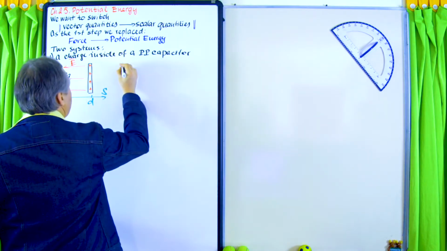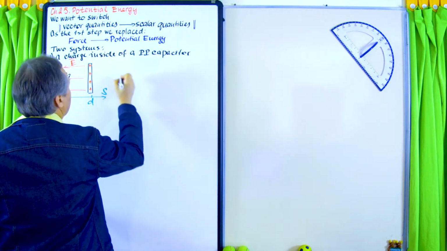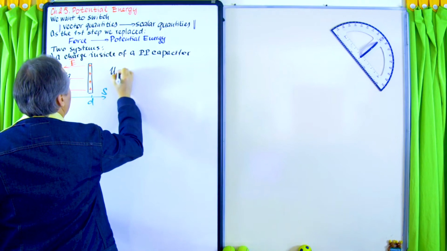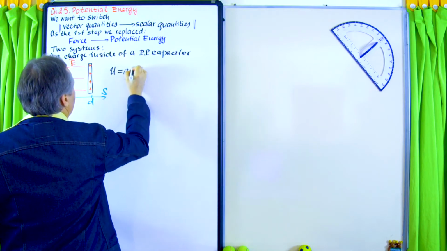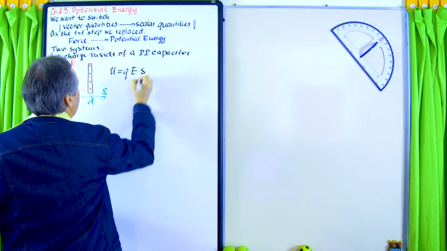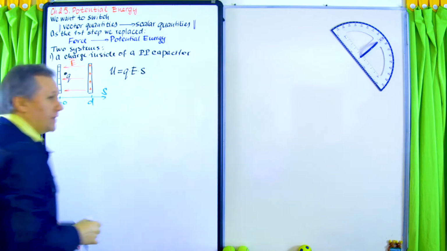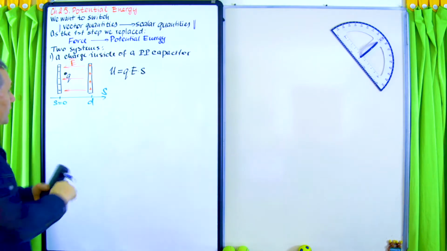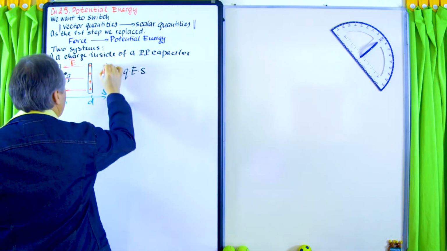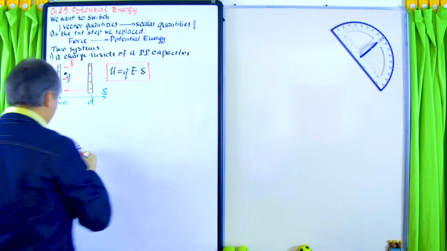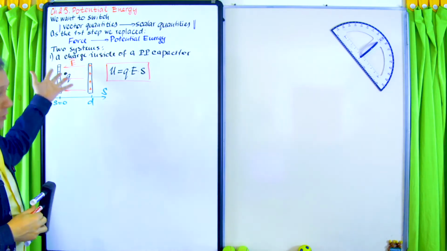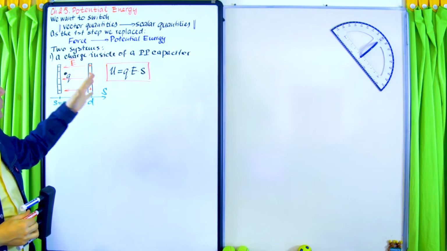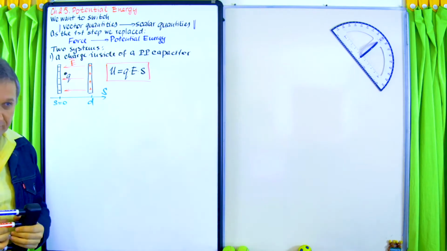Potential energy: U equals Q times E times the distance from the negative electrode, S. Let me frame it, because it's the potential energy of this system when a point charge Q is exposed to a uniform electric field E.